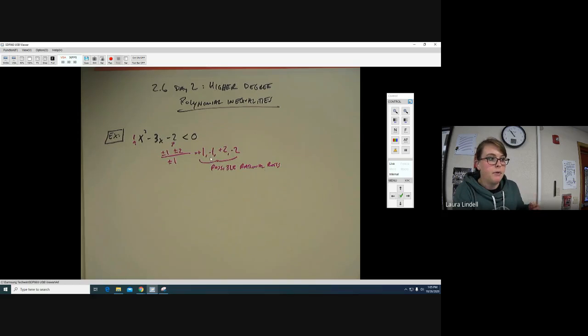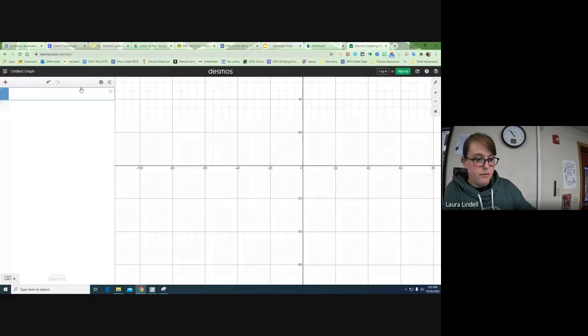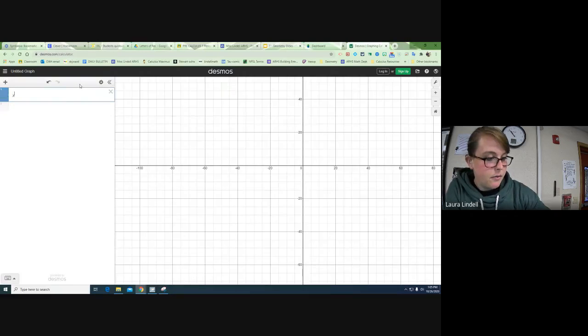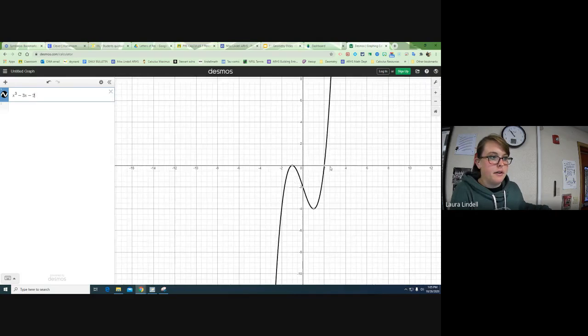So what I would personally do is take this and graph it. So we get x to the third minus 3x minus 2, and we can see exactly where the zeros are, at negative 1 and at 2.